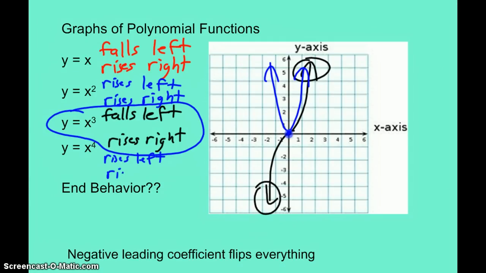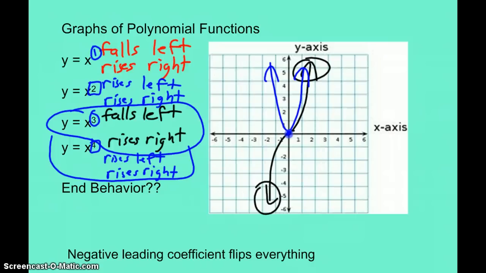and rises right. So when we're talking about the end behaviors of our graph, what's happening as the graph leaves our screen, hopefully you're making an observation about the exponents here. When we have an exponent of 1 and 3, the graph falls to the left and rises to the right. When you have an exponent of 2 and 4, our graph rose to both the left and the right.